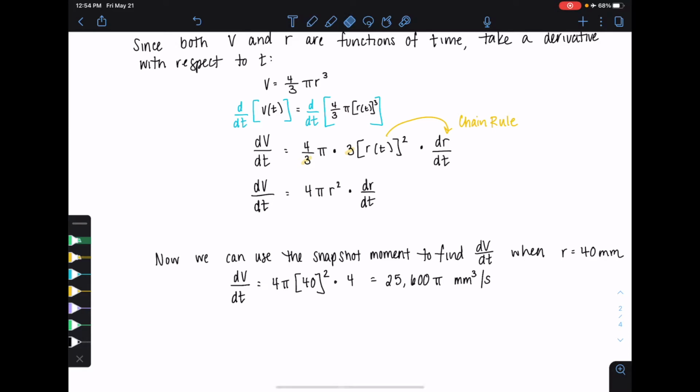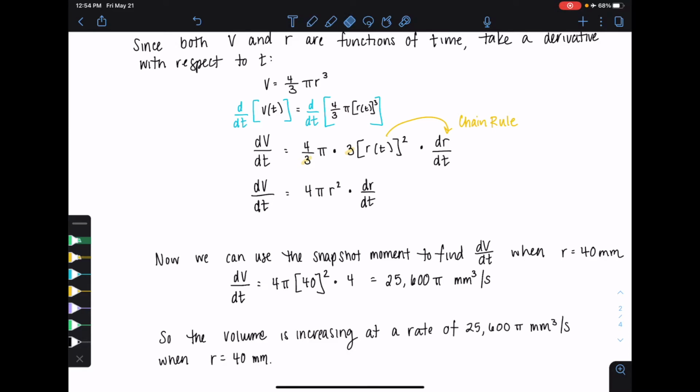So ultimately, the volume is increasing at a rate of 25,600 pi millimeters cubed per second, specifically when the radius is equal to 40 millimeters. You cannot plug in 40 at the start, because the radius isn't always equal to that. It is changing. Okay?